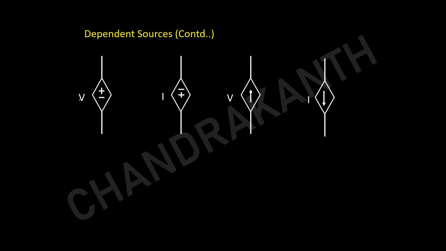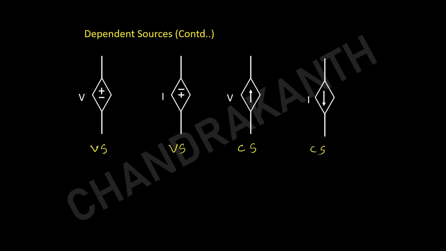So if the voltage is represented next to the source symbol, it means that it is a voltage dependent voltage source. This is a current dependent voltage source, a voltage dependent current source and a current dependent current source. Here, this is a voltage source, this is a voltage source, this is a current source, this is a current source.